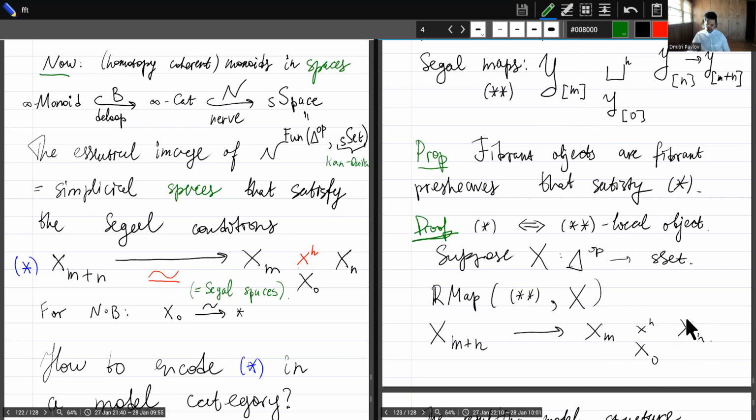So you see that once we map into X, we get precisely the Segal map, and being a local object amounts to saying that this map is a weak equivalence. And that's precisely the Segal condition.